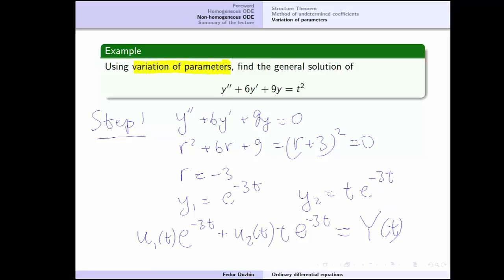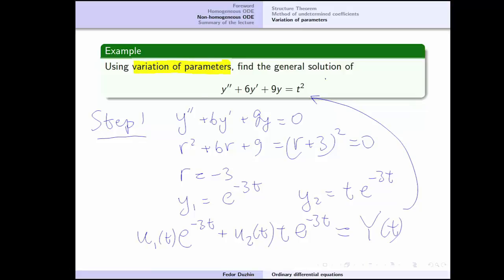Right? So what we want then is to find a good combination of u1 and u2, so that when we substitute it back into the equation, this y of t is going to satisfy the equation.